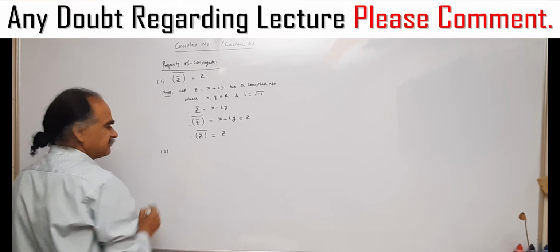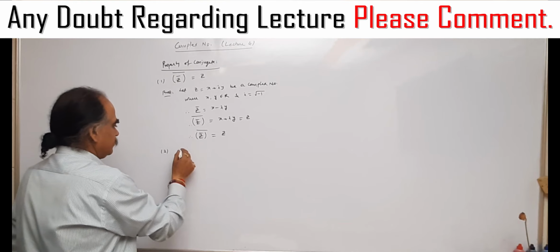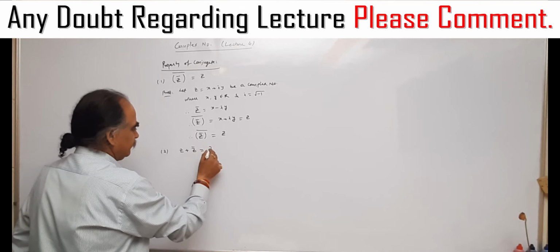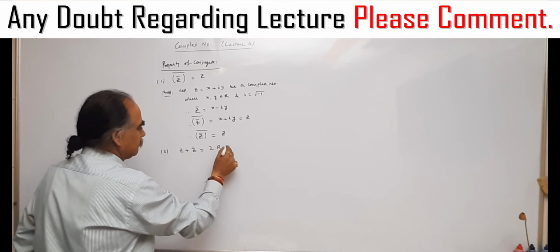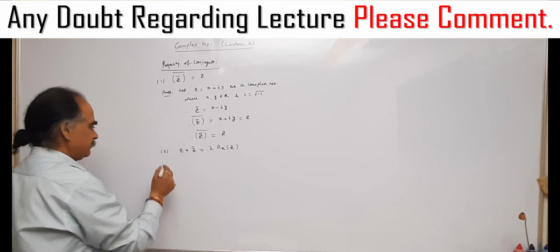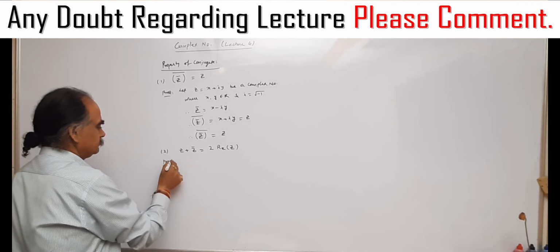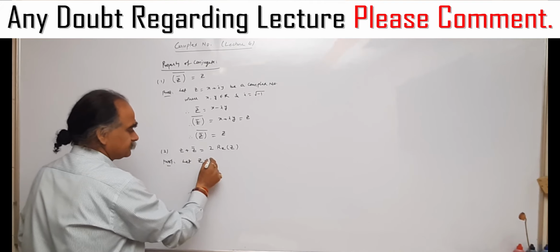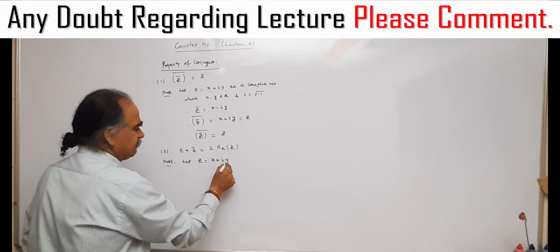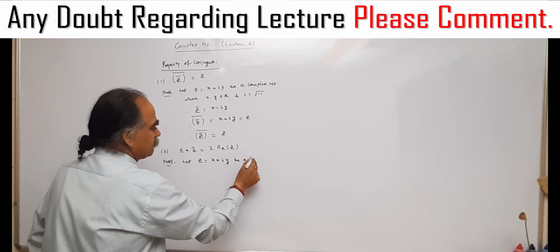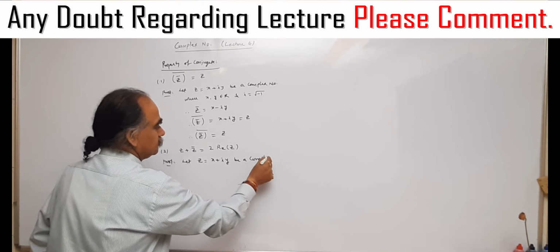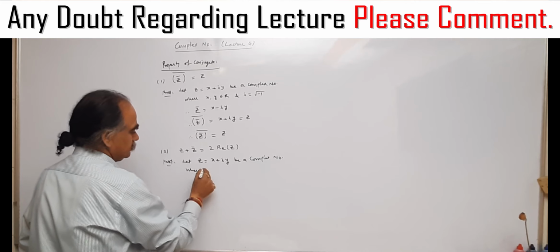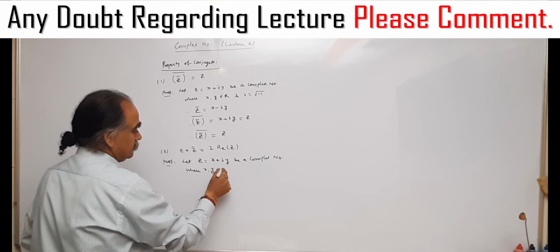Then property number 2: z plus z conjugate is 2 times the real part of z. Let z be equal to x plus iy, a complex number, where x, y belong to real numbers.